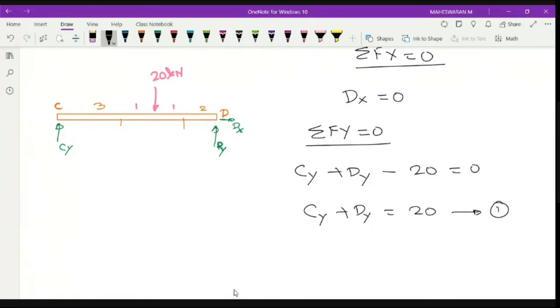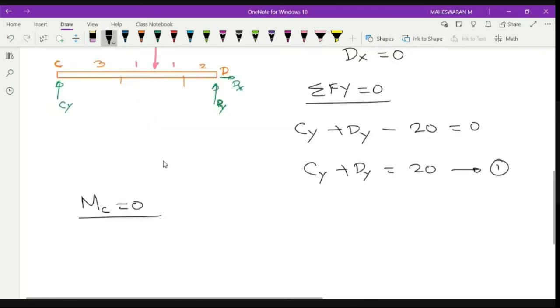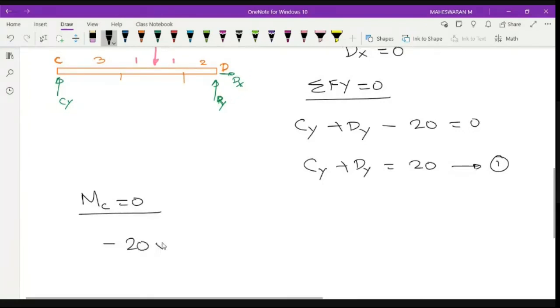Any doubt on this? No, sir. Next, moment. I'll take moment at C or moment at D equal to 0. I'll take C, right? If I take moment at C equal to 0, Cy will become 0, leave it. So 20 into distance, which is 4 meter, right? Rotation is clockwise, so minus 20 into 4.